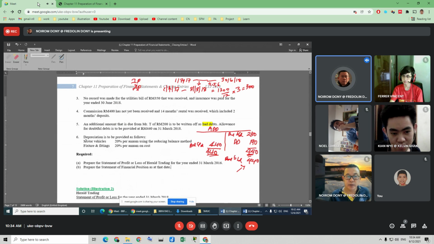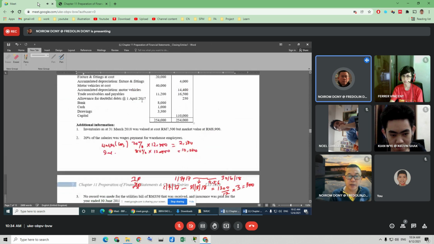Then the last one, motor vehicle, 20% using the reducing balance method. Now this is reducing, so you need to minus first.